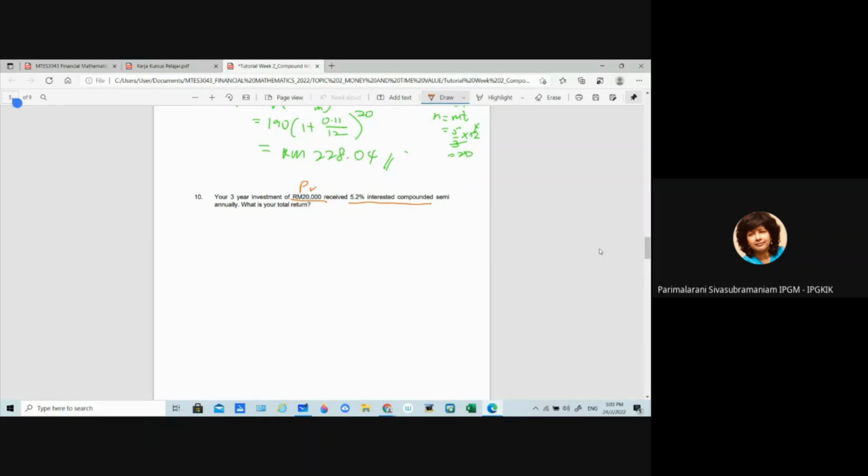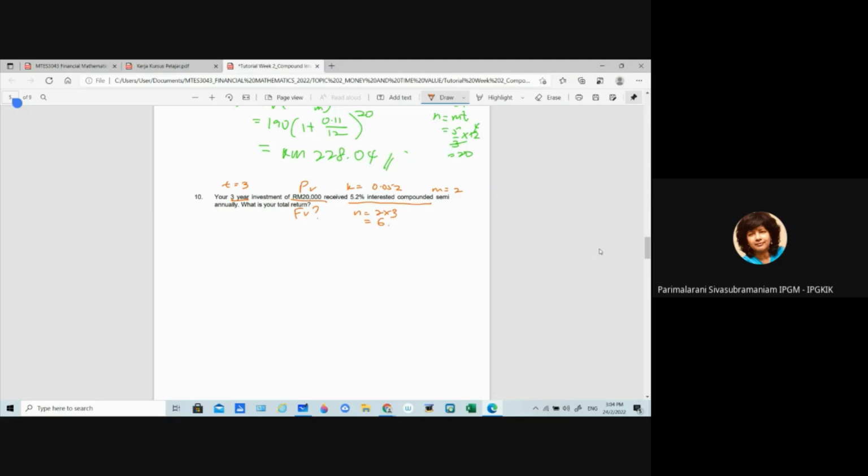K is 5.2% compounded semi-annually, M is 2. This is your K, 0.052. They're asking you to find your future value. You're also given your 3-year investment, so T is equal to 3. Therefore, N is equal to 2 times 3, which is equal to 6.